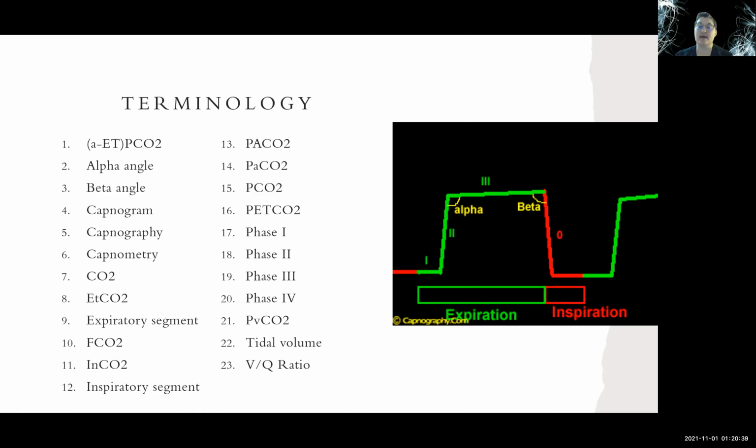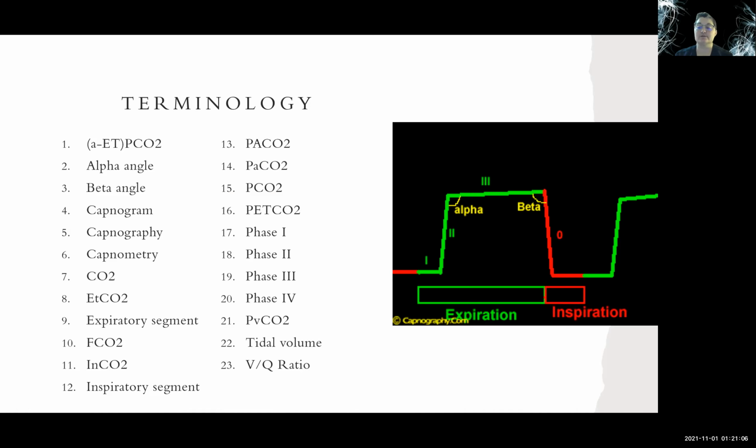Whereas PaCO2 with a lowercase a, that's the partial pressure of carbon dioxide in the arterial blood. Now, if we don't have the A in there and it's just PCO2, this is strictly partial pressure of carbon dioxide, and this can be the measurement of carbon dioxide, whether it's arterial or even venous.